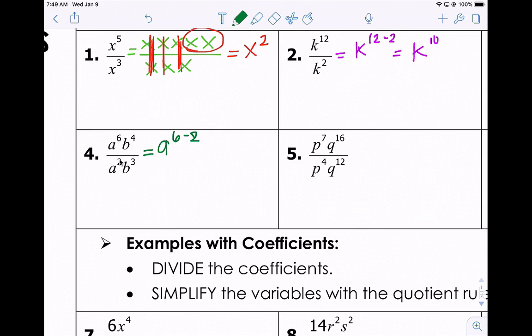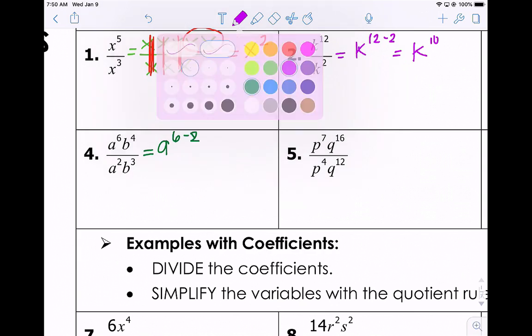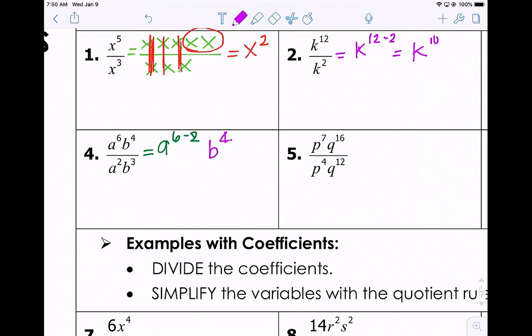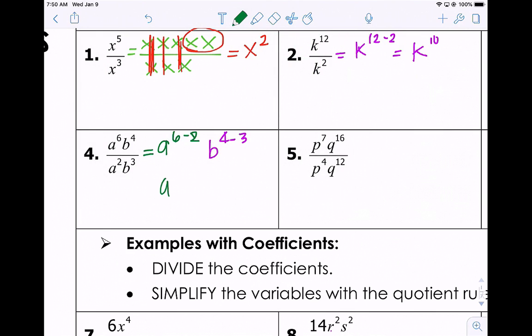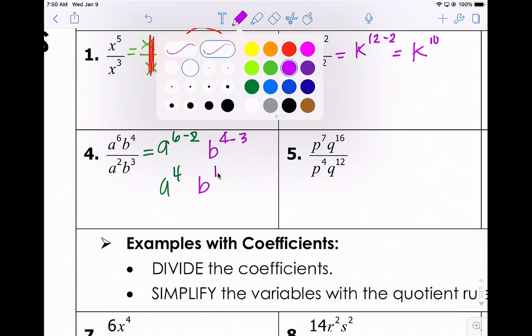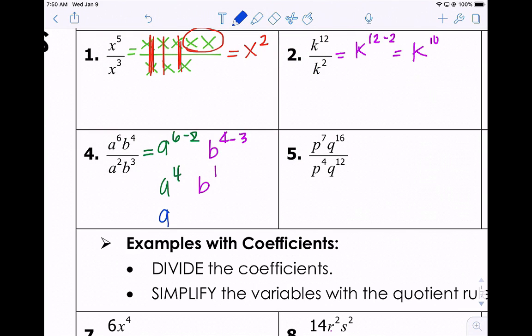And then the b's are 4 minus 3. If I simplify that, we get a to the 4th, and we get b to the 1. Remember, I don't have to write the 1. So writing this without it would be a to the 4th b, and that would be your final answer.